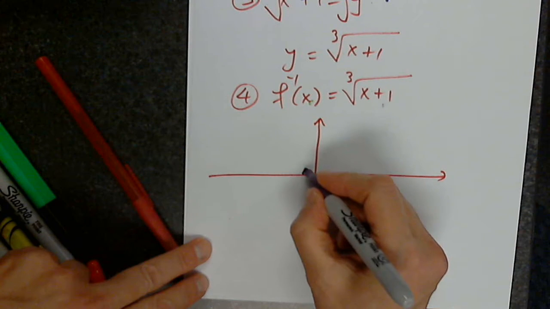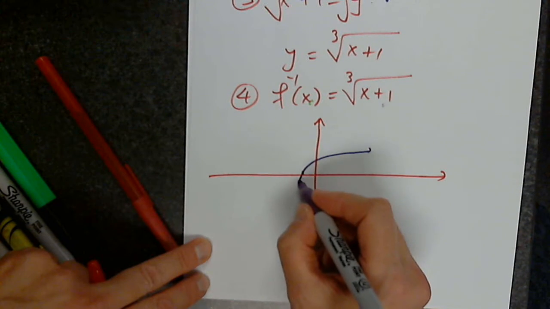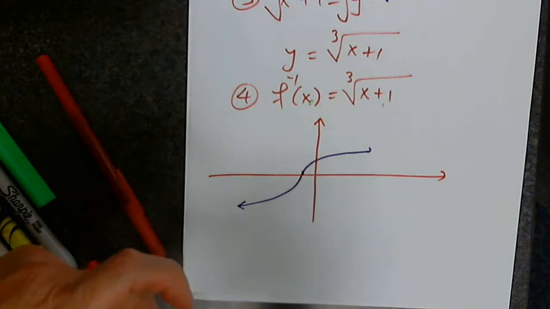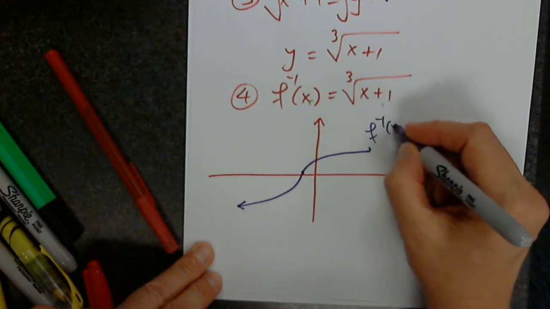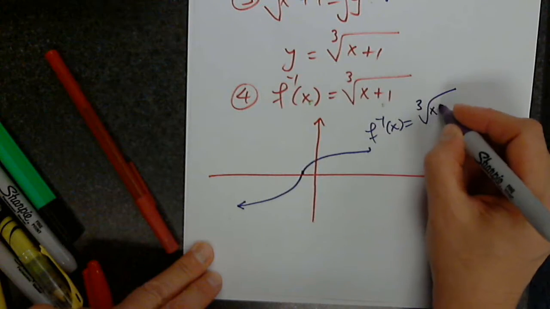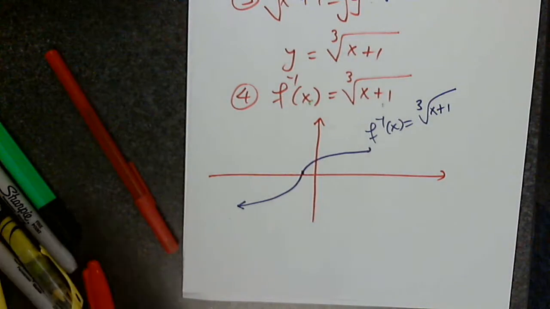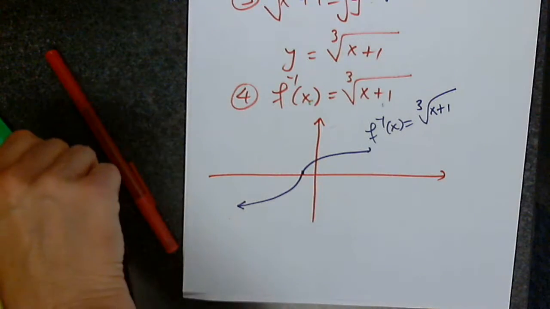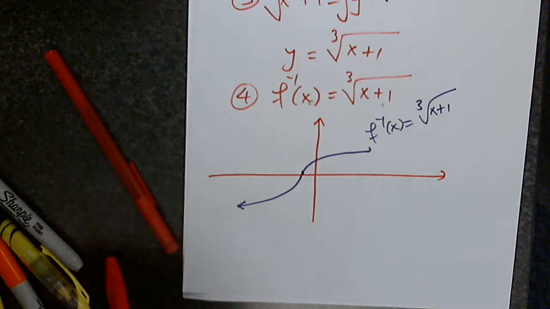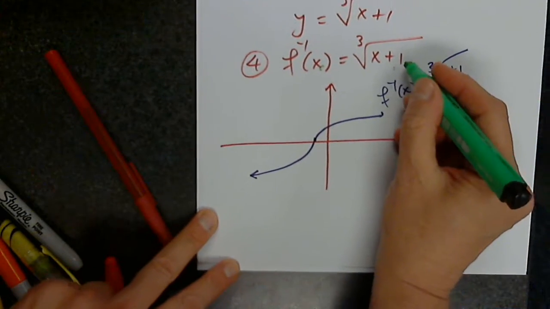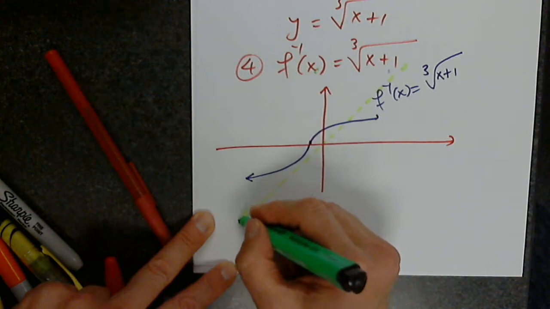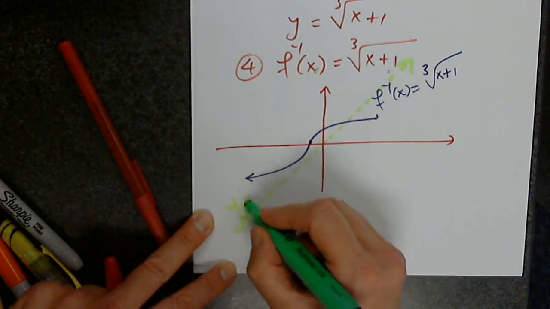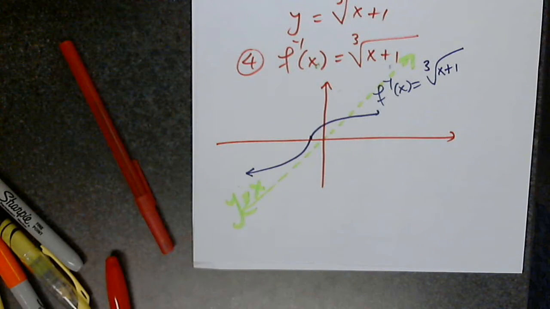So here it is. So this is f inverse of x, which is the cube root of x plus 1. What do I have to draw right now? And I have to reflect this.